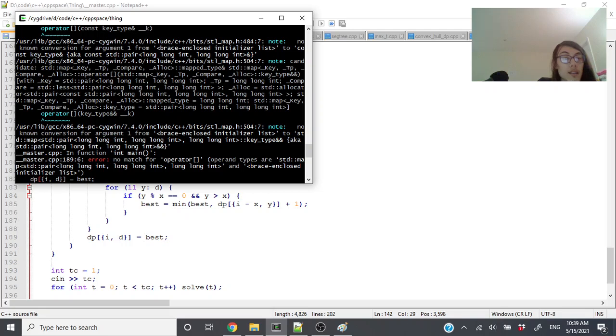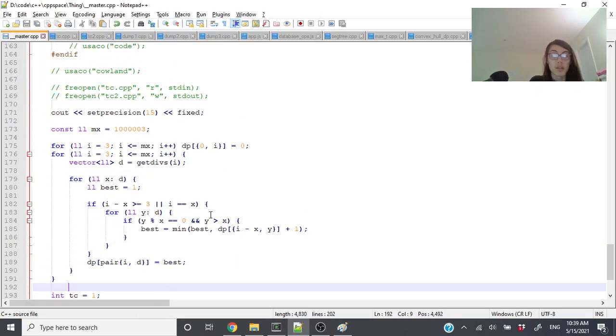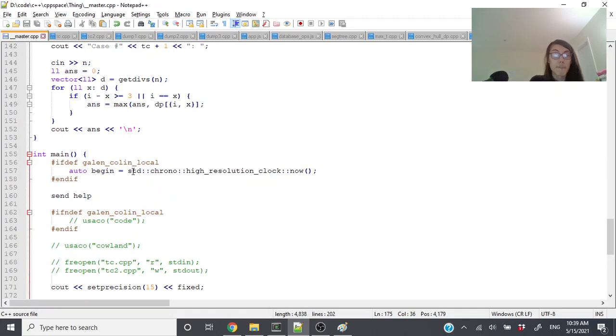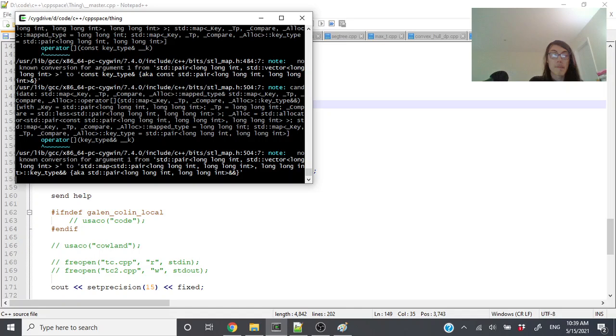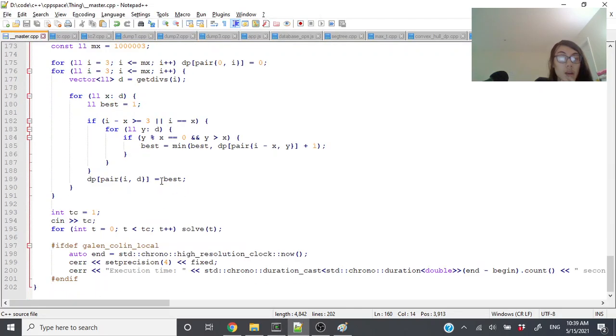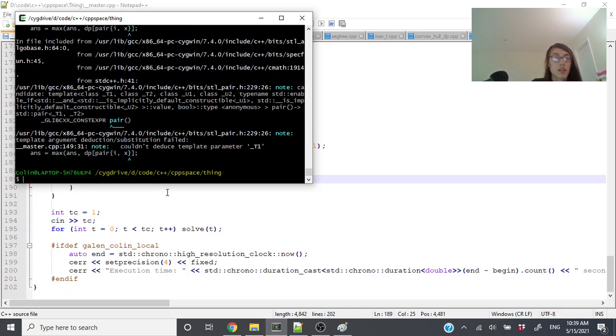Why? No match for operator. Okay, I guess I can't do that. What? Pair long int. Oh wait, this should be x. What now?